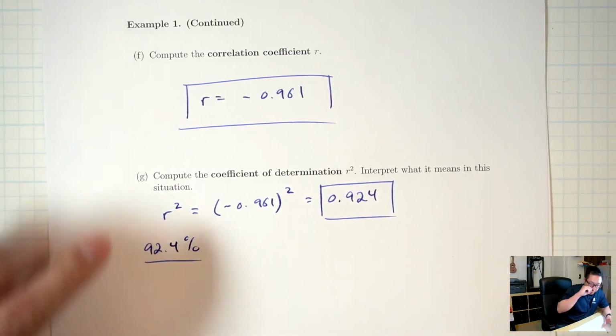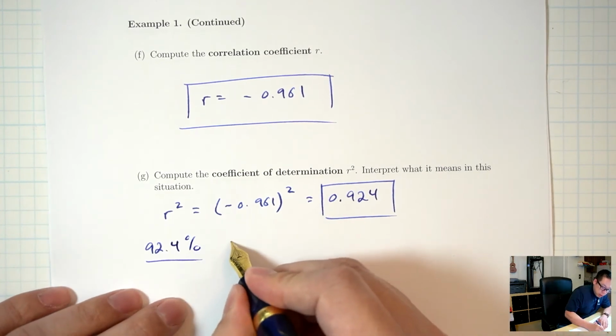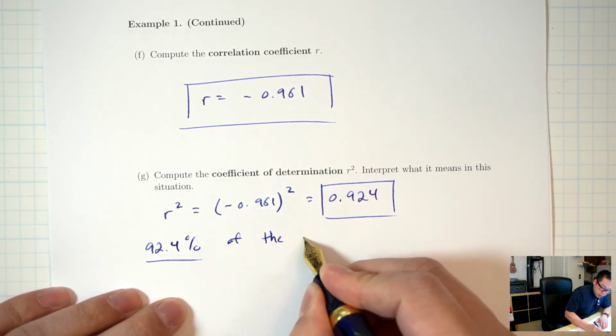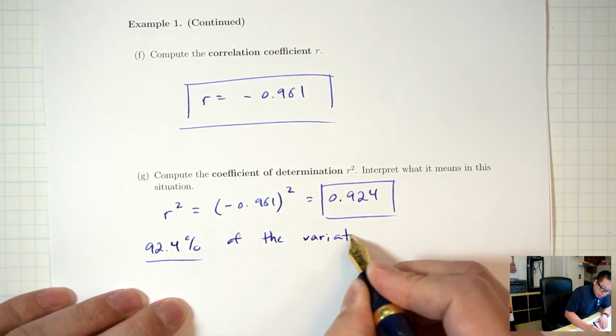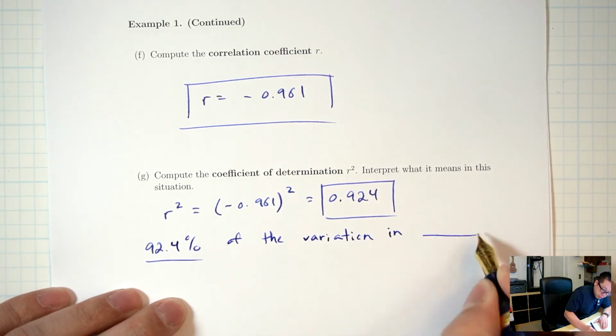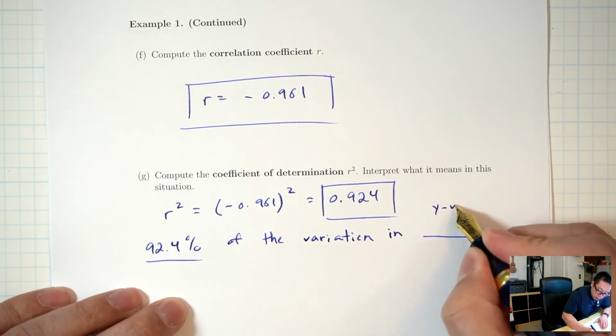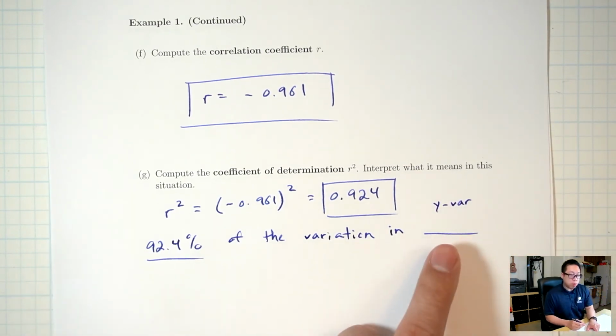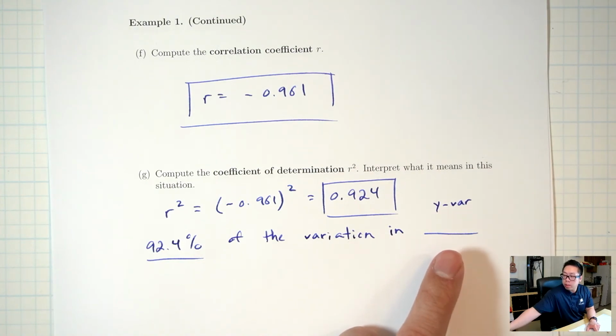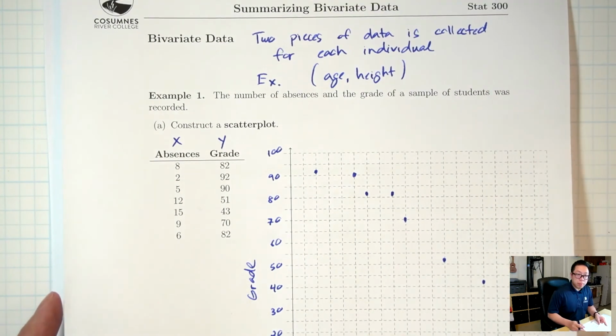Okay, so I want 92.4% of the variation in, and you're going to write the Y variable right here. Our Y variable here was which one? Absences or grade? It was grade.